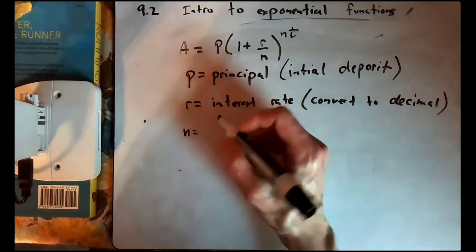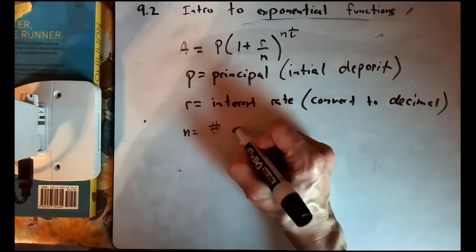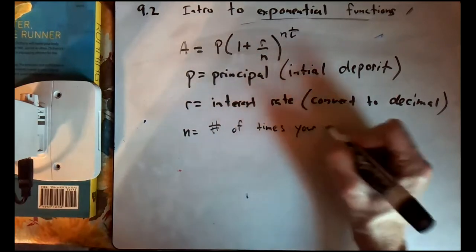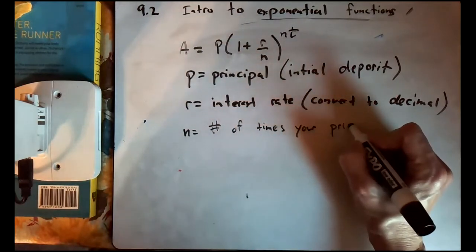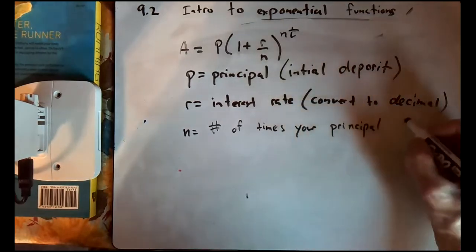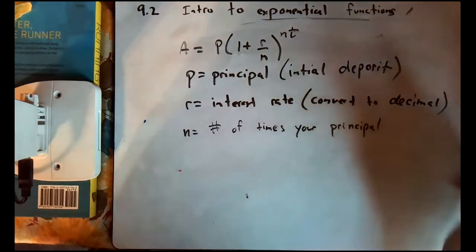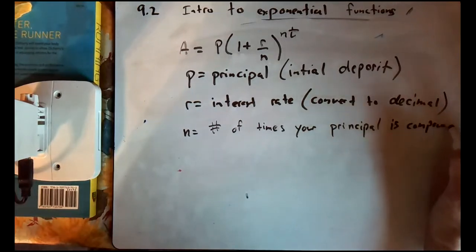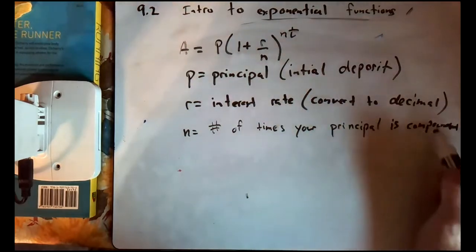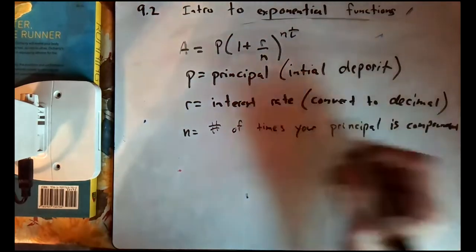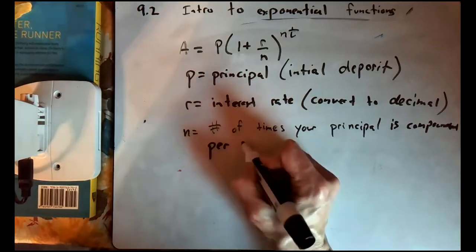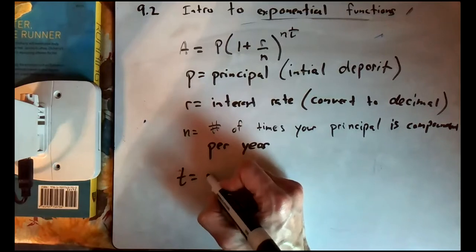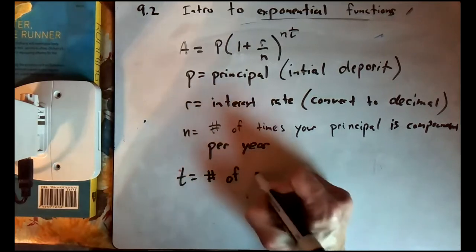N is the number of times your principal is compounded per year. T is the number of years.